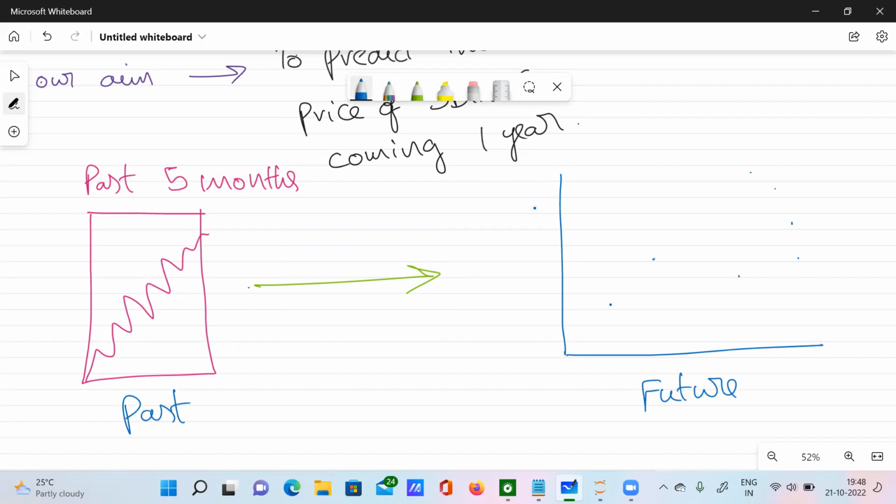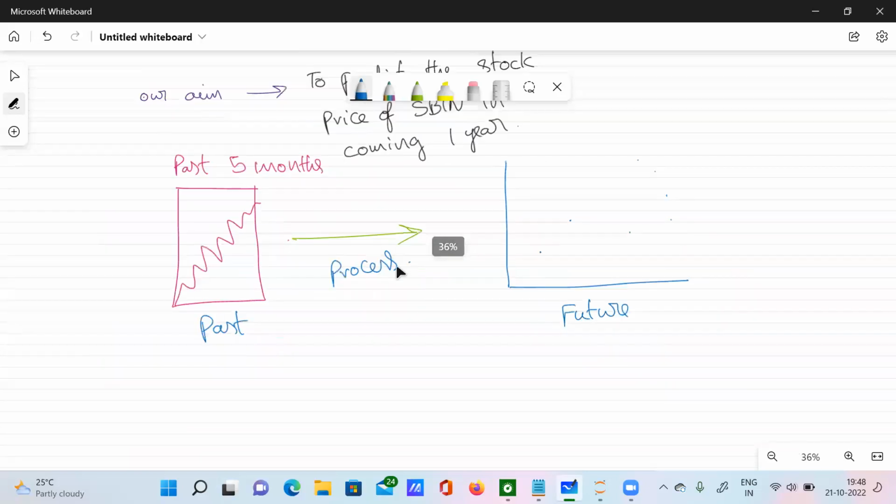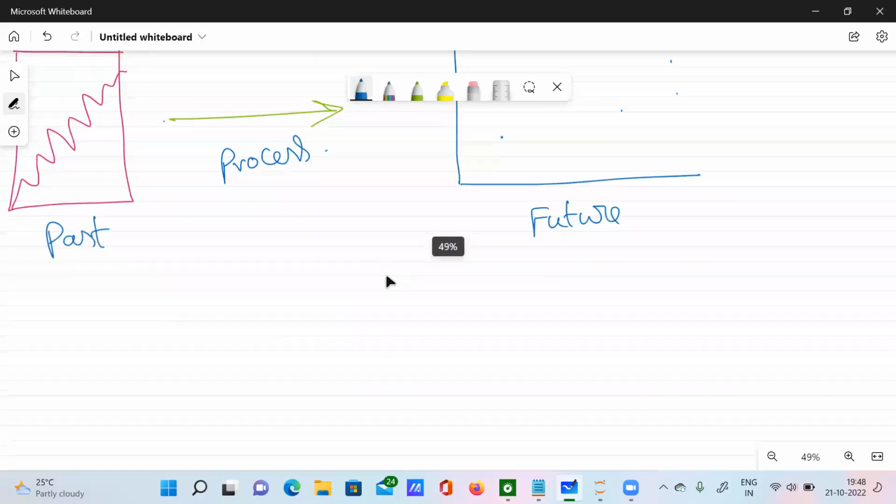From analyzing the past data until we get the confirmation about the prediction of that particular stock price in the near future, it is nothing but a kind of process. This process is nothing but a function in mathematical terms.